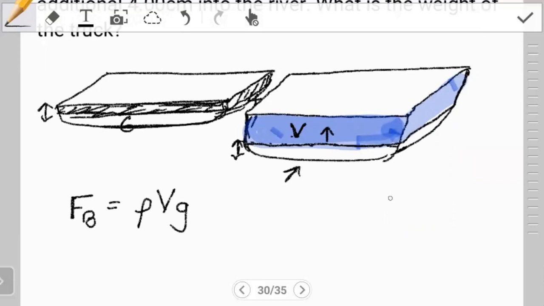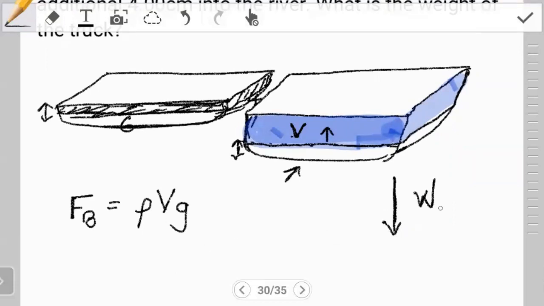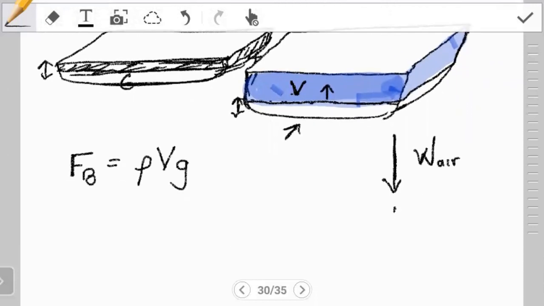It means that when you evaluate the weight of the truck, because the weight of the truck is the one that actually pushes the boat down, this weight is going to be opposed by an upward force, which is the buoyant force. Now, earlier on, we saw that the combination of these two gave us a net force.